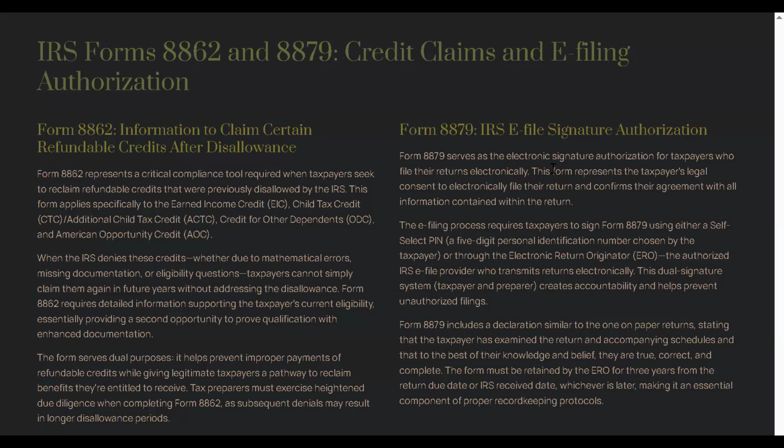Form 8879 is the IRS e-file signature. This serves as an electronic signature authorization for taxpayers who file their returns electronically. This form represents the taxpayer's legal consent to electronically file their return and confirms their agreement with all information contained within the tax return.